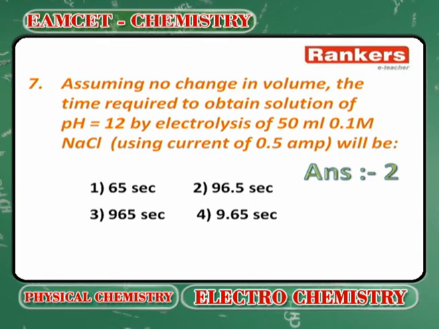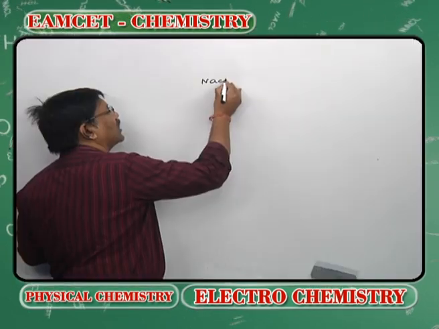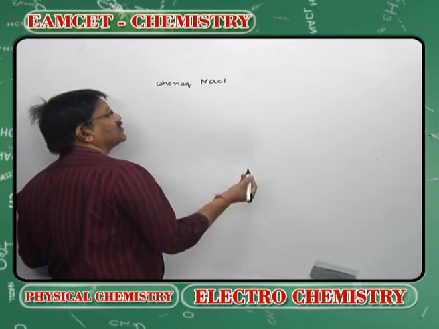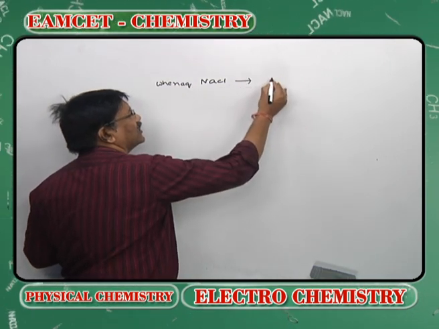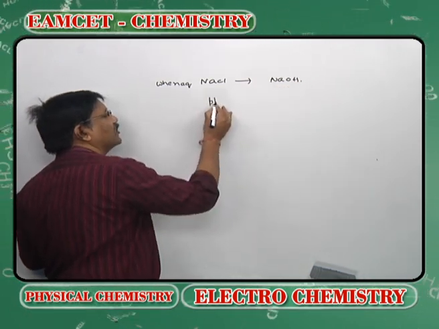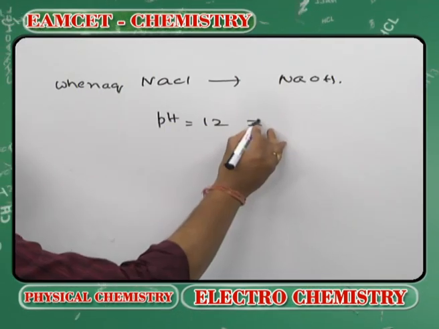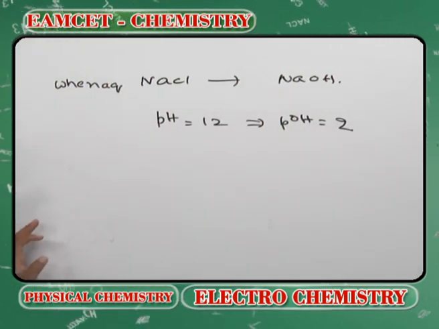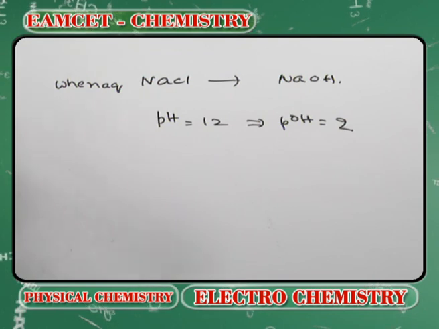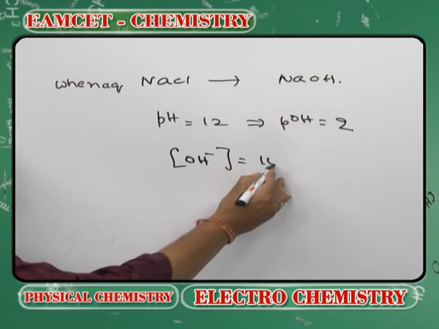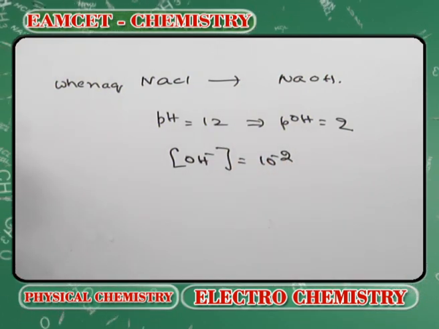Now, pH 12 means that when aqueous NaCl solution is electrolyzed, we get NaOH. pH is 12 implies pOH is equal to 2, so the OH minus concentration is equal to 10 to the power of minus 2.